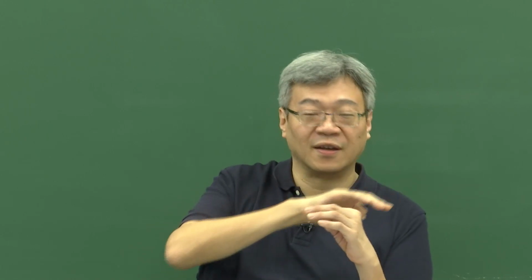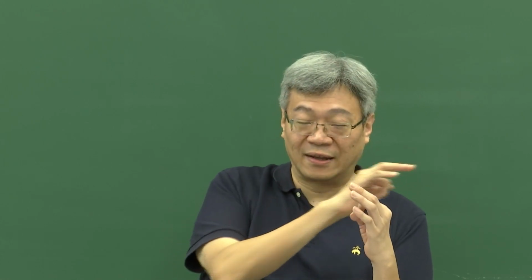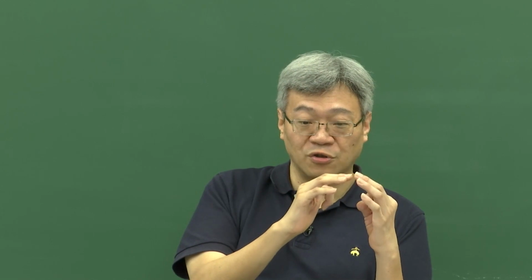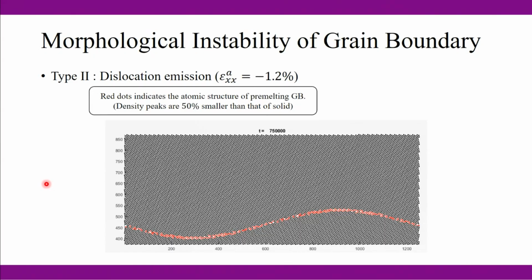Because it's a softer region. And because of that, the system can release the elastic energy due to that buckle, right? So a softer grain boundary gives rise to this kind of instability. Okay, so that's the short answer for what's responsible for the solid-solid surface instability.